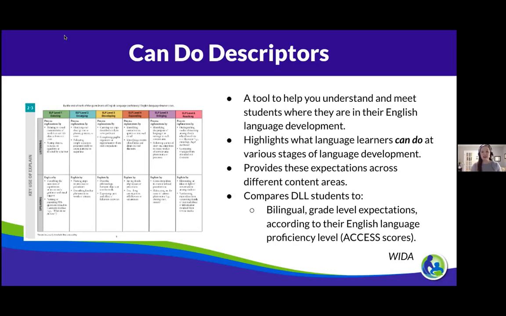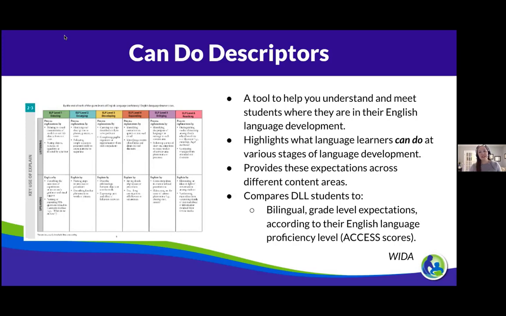And this is very important because we're trying to shift our lens. If we have grade level and age level expectations for our dual language learners, we may be setting the bar too high. Why would we expect a dual language learner to perform above their English language proficiency level in the classroom?